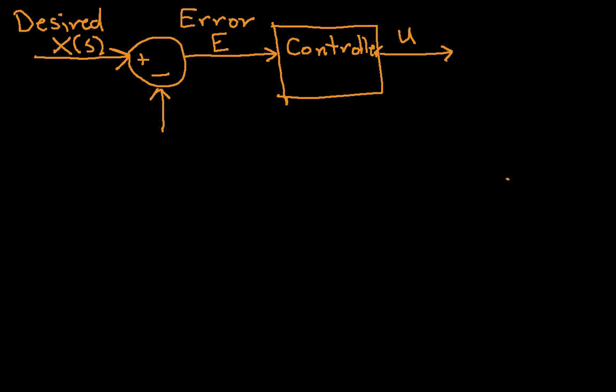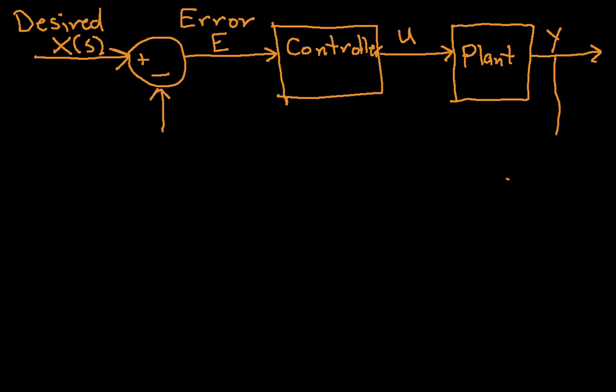Now this is potentially confusing in the sense that the input to a plant is oftentimes called u. We have also defined a unit step function. Hopefully we'll be able to keep those straight. So we then have the plant, and the output of the plant, which we'll call y.